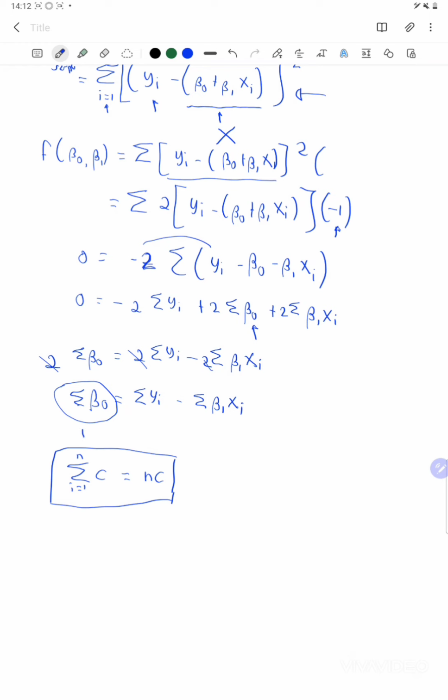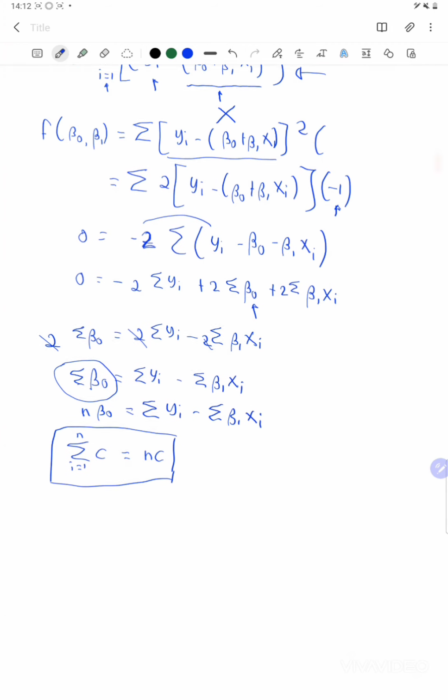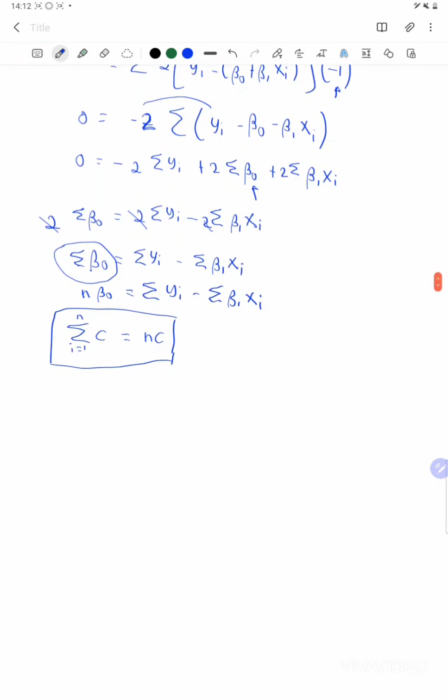So this would be n theta 0 is equal to the summation of yi minus theta 1 xi, divided by n, where n is the number of samples. So summation of yi over n minus theta 1 xi over n.